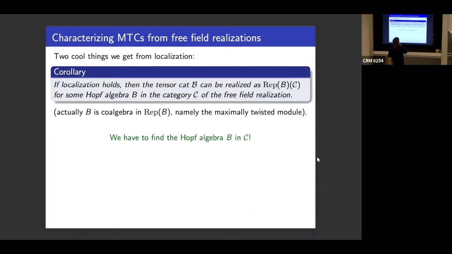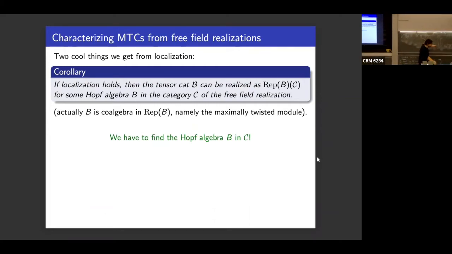So if localization holds, then for the category B we have a tensor functor down here. And what this means is that B is a Hopf algebra. I can write B now as a Hopf algebra. So what is localization again? This is from the previous slide.